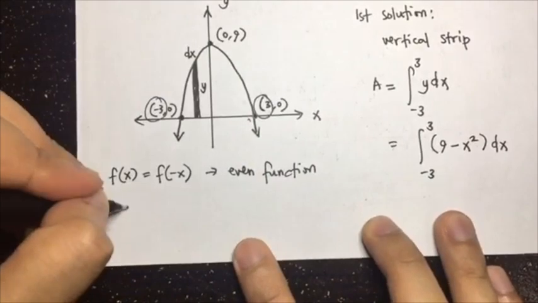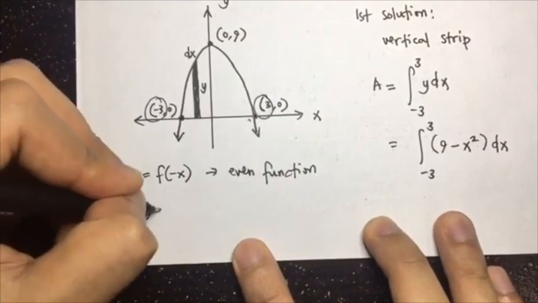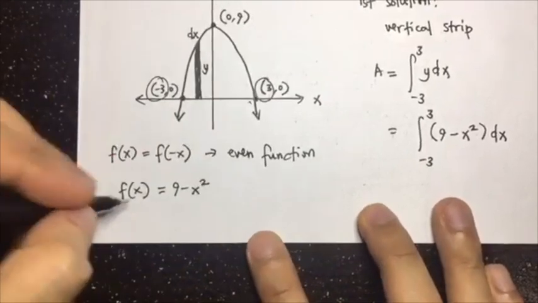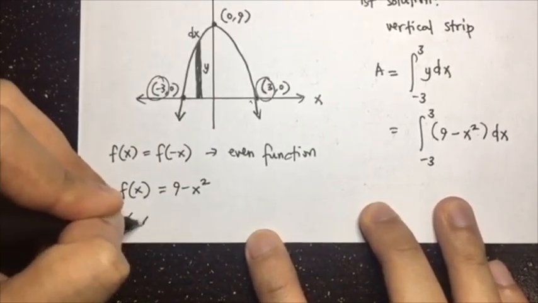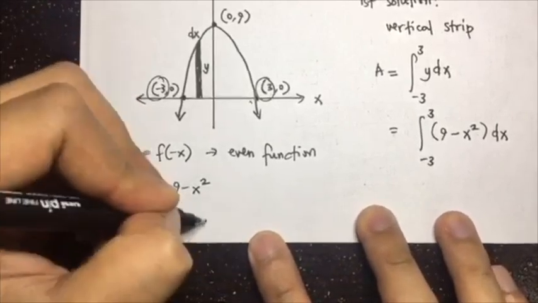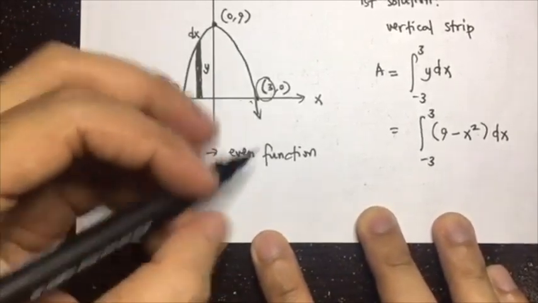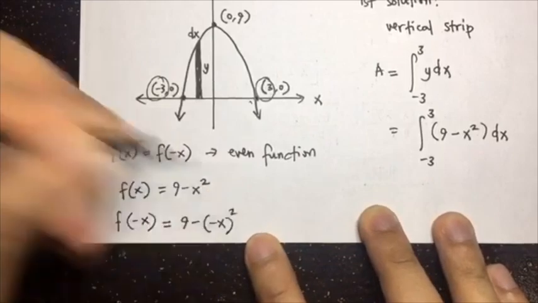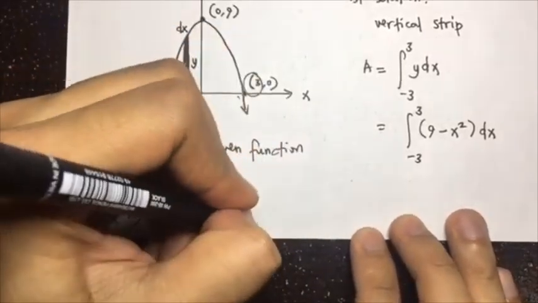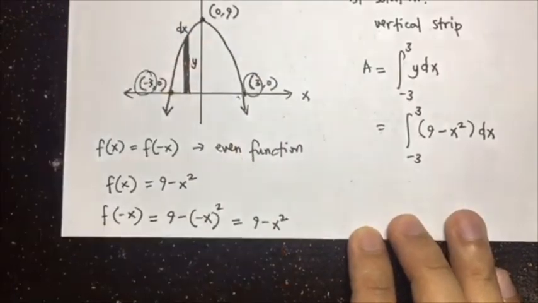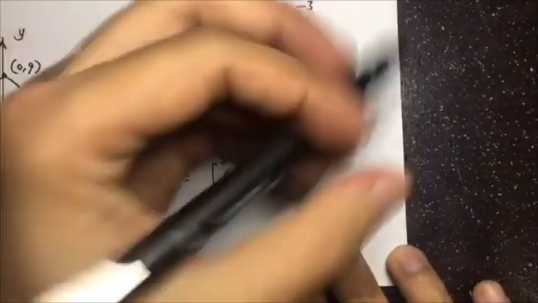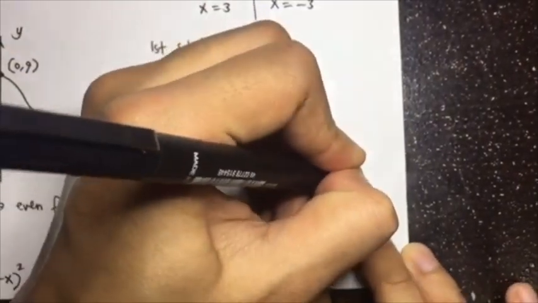Our f of x is 9 minus x squared. So what is f of negative x? That is 9 minus, replacing x with negative x, squared. This will still become 9 minus x squared. Therefore this is an even function.